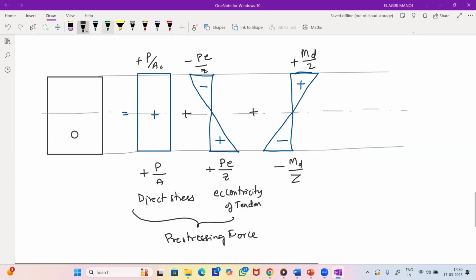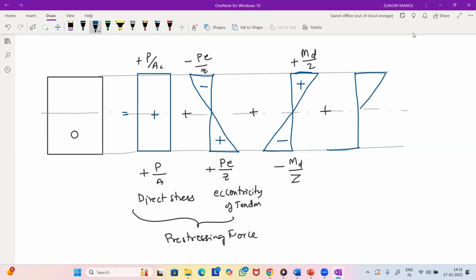Okay, and now we have the stress due to the external load. Again, due to the external load also, above the neutral axis it will be positive, below the neutral axis it will be negative. So let us write the formula.